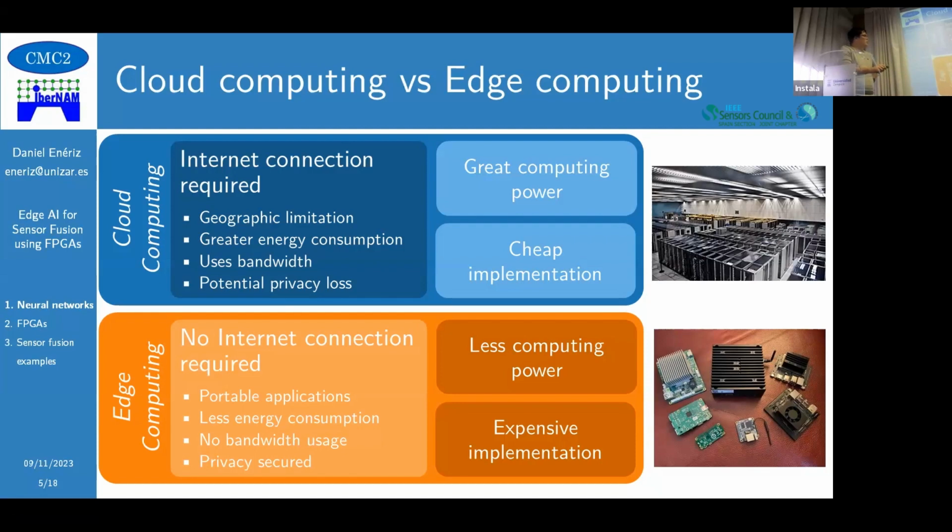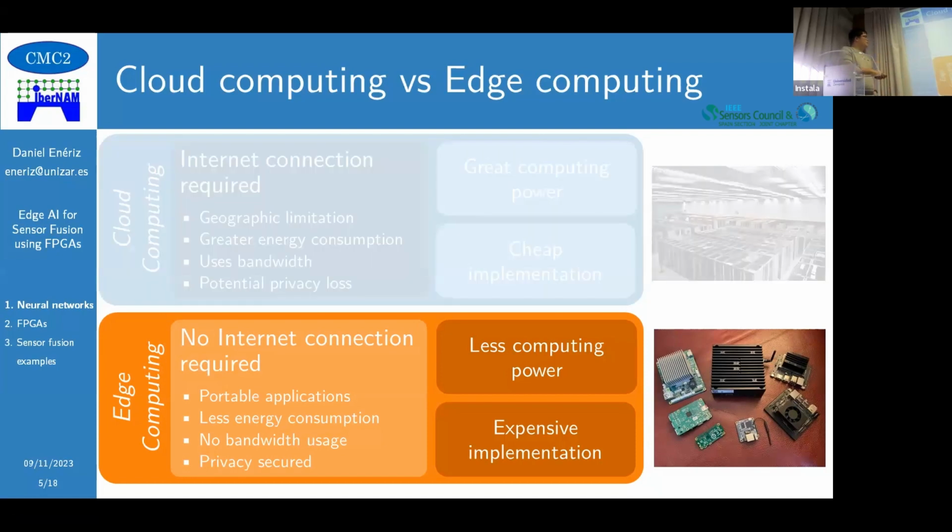But you have the advantage of not depending on a constant internet connection. For these reasons, we think that edge computing is the best solution when you need, for example, power efficient implementations, or you want to be real-time responsive, or even if you have to secure privacy because you don't have to upload data to data centers.